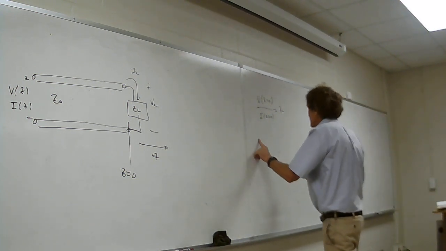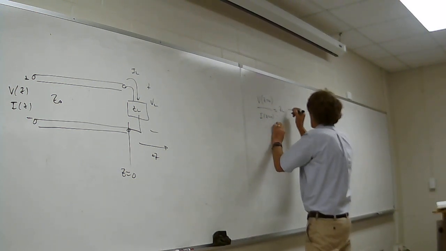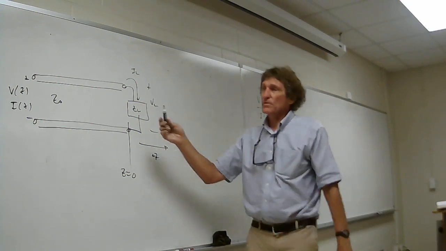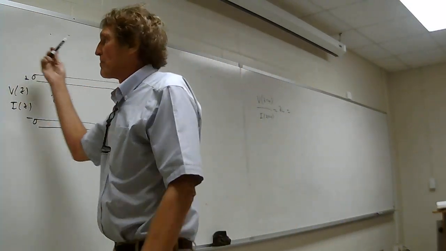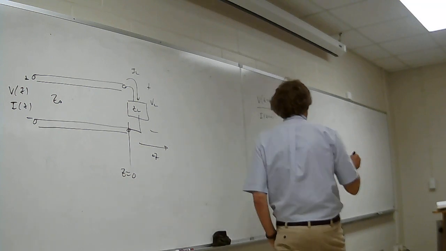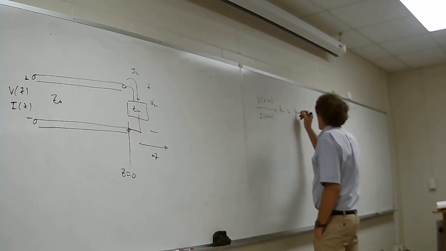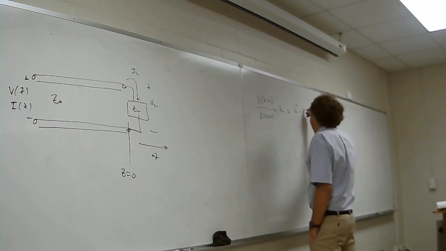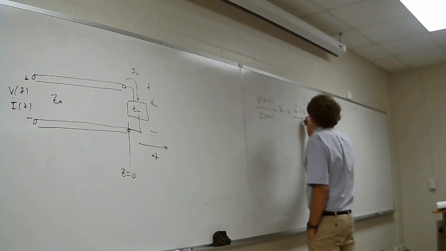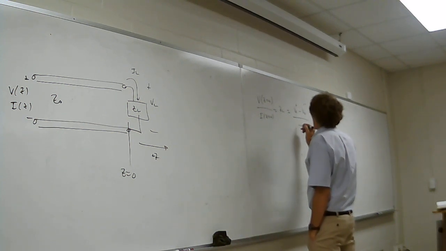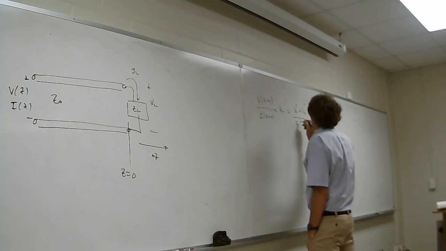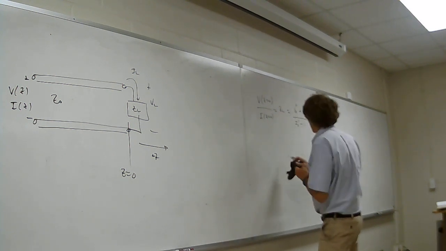So if you look at this, ZL here would be, just look at this equation, it says z equal to 0. Now you get V0 plus plus V0 minus over I0.